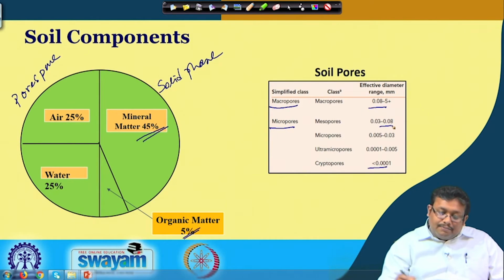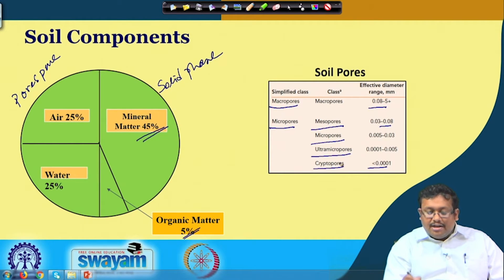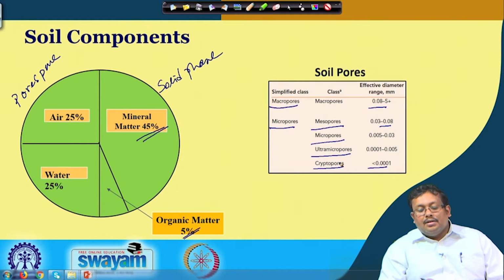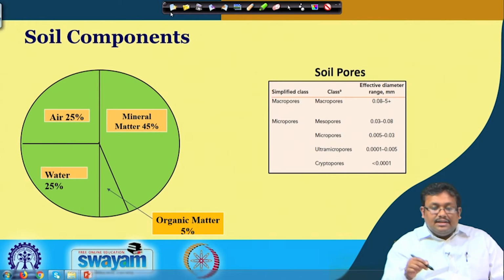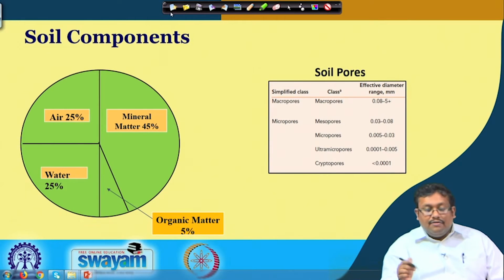Depending upon their size variation, micropores are also divided into 4 subcategories: mesopores, micropores, ultramicropores and cryptopores. So, this is basically the overview of the composition of a soil.